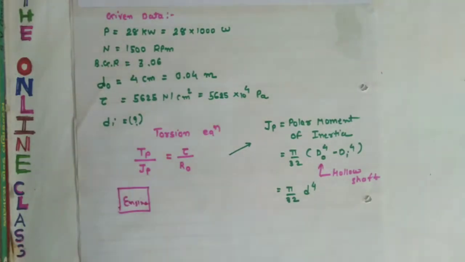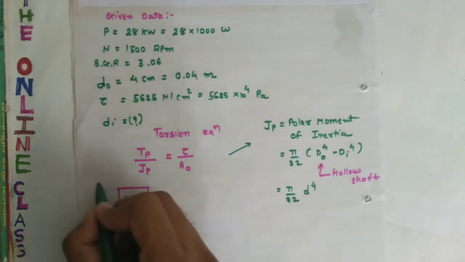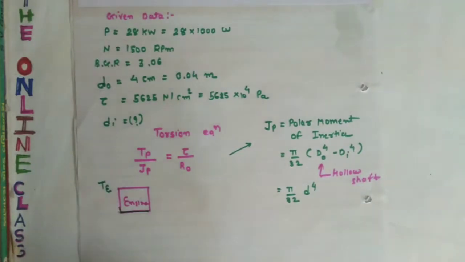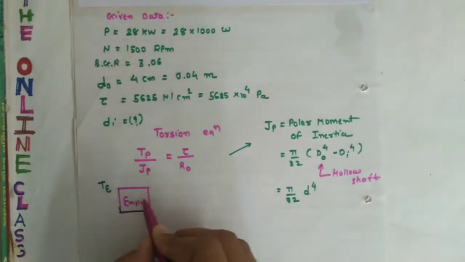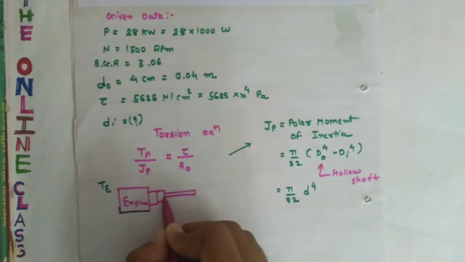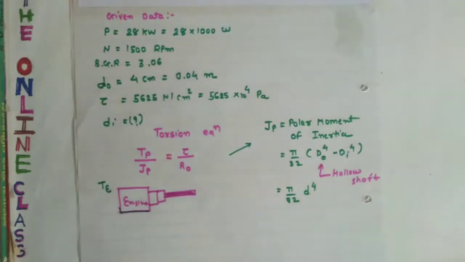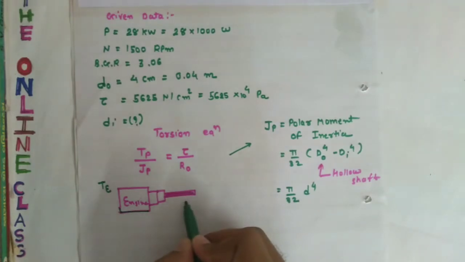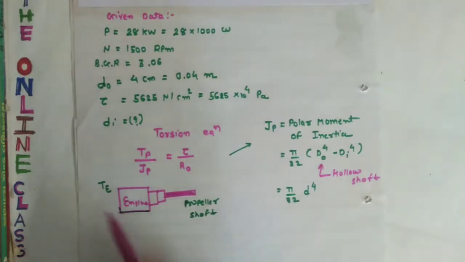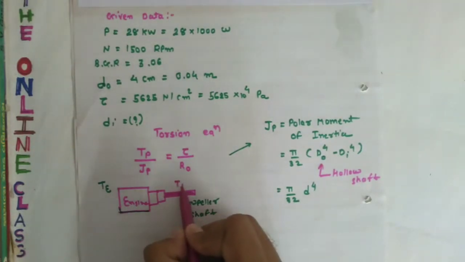The engine generates torque TE. With the engine there is a clutch, gearbox, and then the propeller shaft is attached. Its torque is TP.